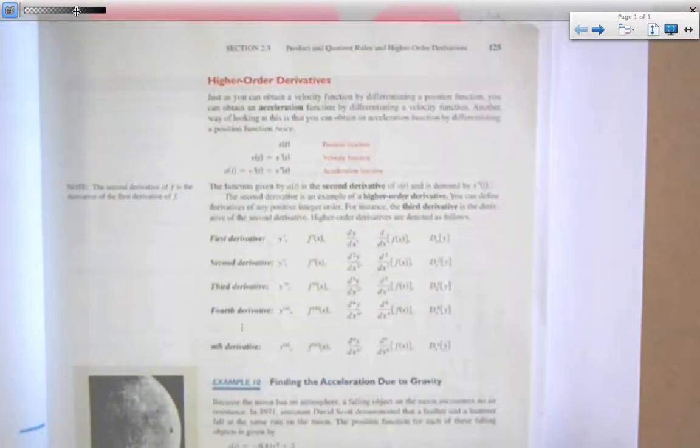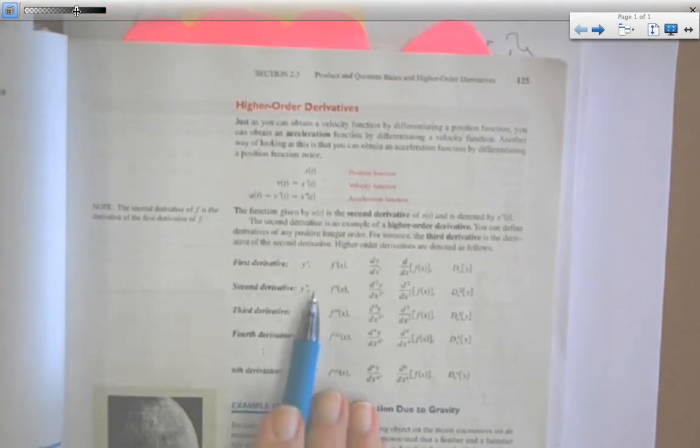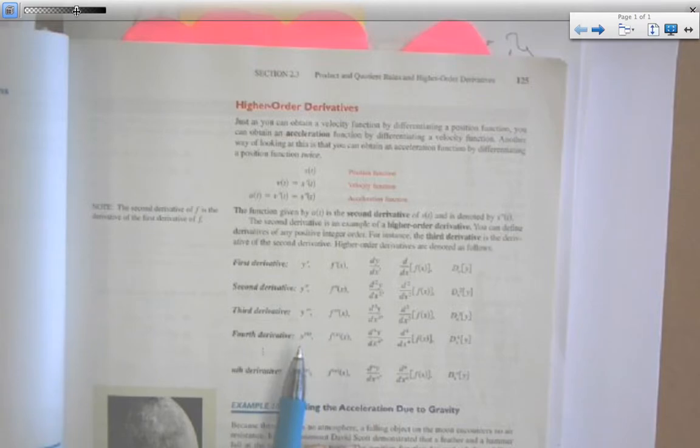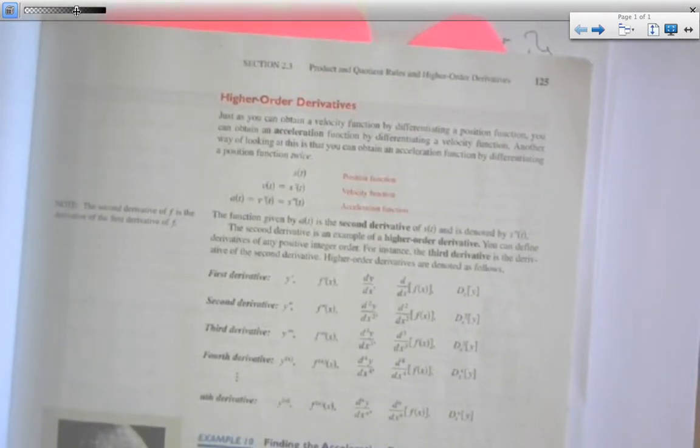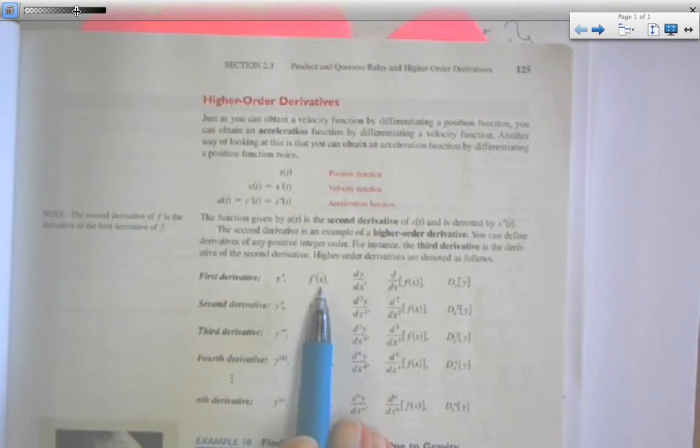I'll show that to you. This is the first derivative. The second derivative uses two little hash marks. Third derivative, fourth derivative, fifth derivative, they'll just use a superscript to describe which derivative. F prime is the first derivative, F double prime is the second derivative.